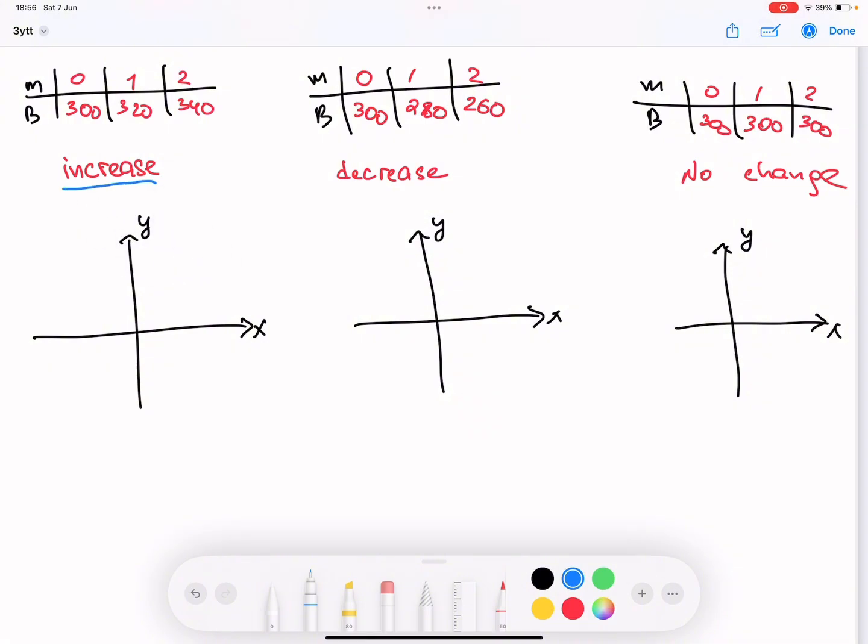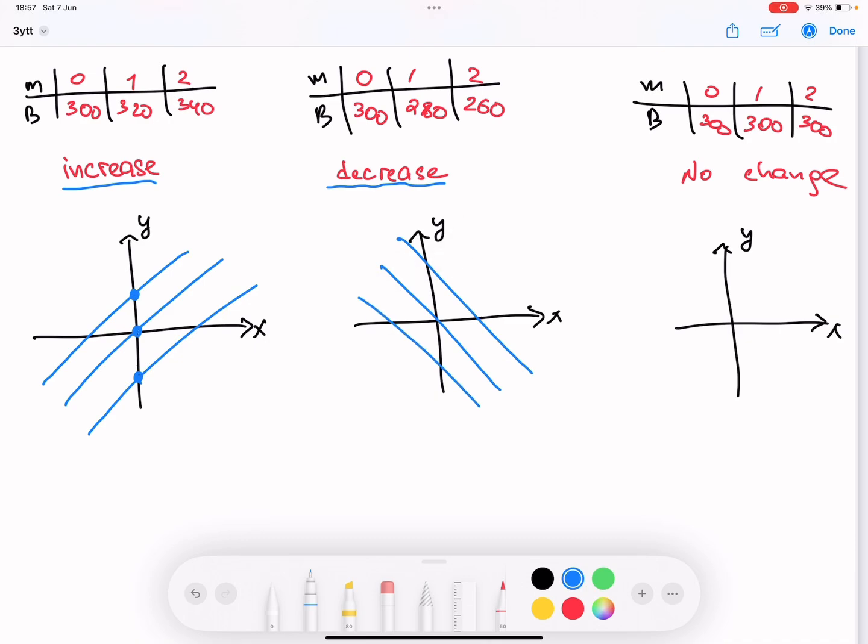You will have a graph like this. Depending on the y-intercept, you have three different cases here. When it decreases, you see the graph goes down. Again, depending on the y-intercept, it increases or decreases.